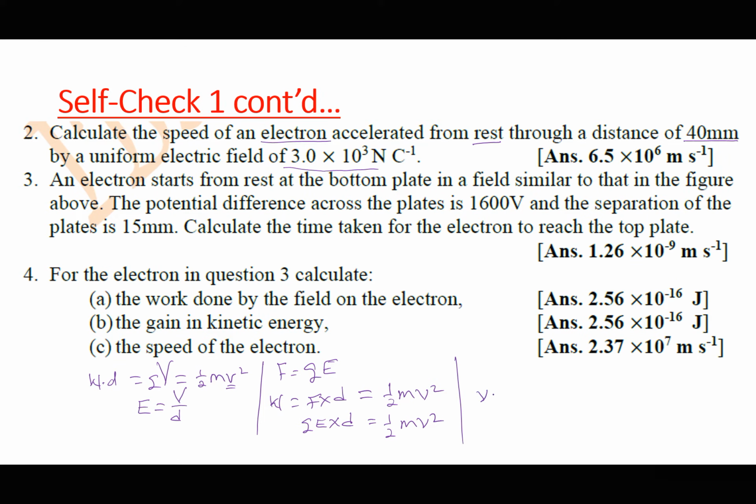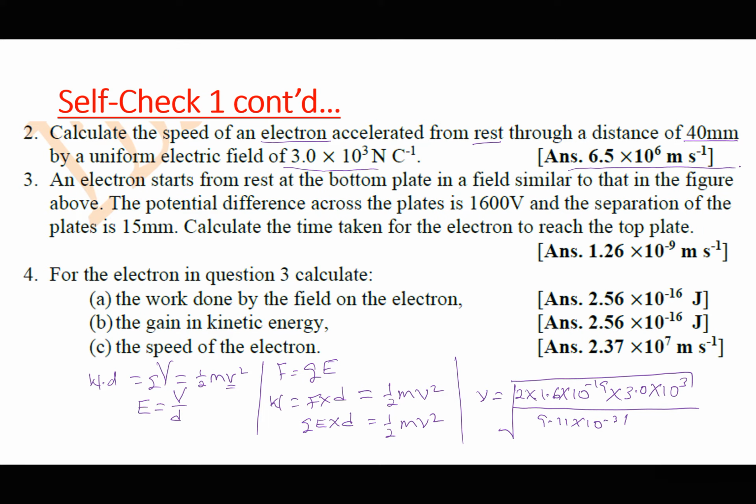So it means V is going to be the square root of 2 times the charge, 1.6 times 10 power negative 19, times the electric field strength, 3.0 times 10 power 3, then divide by the mass of an electron, which is 9.11 times 10 power negative 31. I hope it should be able to give you 6.5 times 10 power 6 meters per second. You can try to check and see.